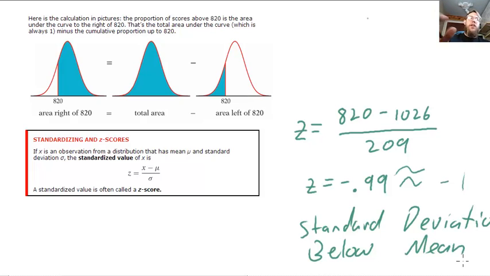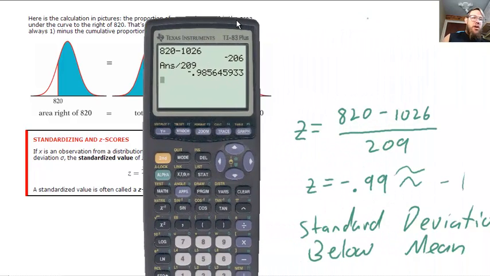It's in units of standard deviations. So our value, 820, was about 1 standard deviation below the mean. When we did our calculation here, we saw that 820 was 206 SAT points away from the mean. If our standard deviation is 209, that means it's basically 1 standard deviation away. And that's how we get that standardized value, which is so important.